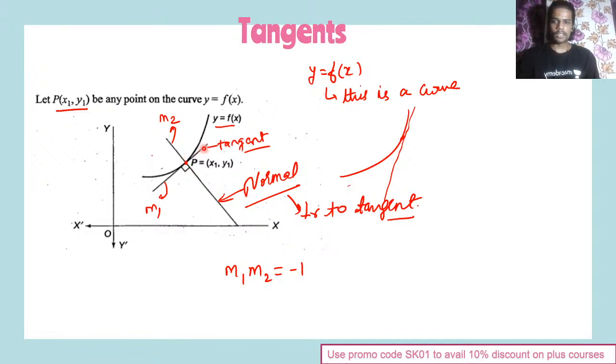This line which touches the graph is known as the tangent, and the normal is another line which is perpendicular to the tangent. So this is tangent, this is normal, and they make an angle of 90 degrees. If the tangent has a slope m1 and the normal has a slope m2, then m1 multiplied by m2 should be equal to minus 1, because if two lines are perpendicular to each other, their slopes multiplied by each other will give minus 1.